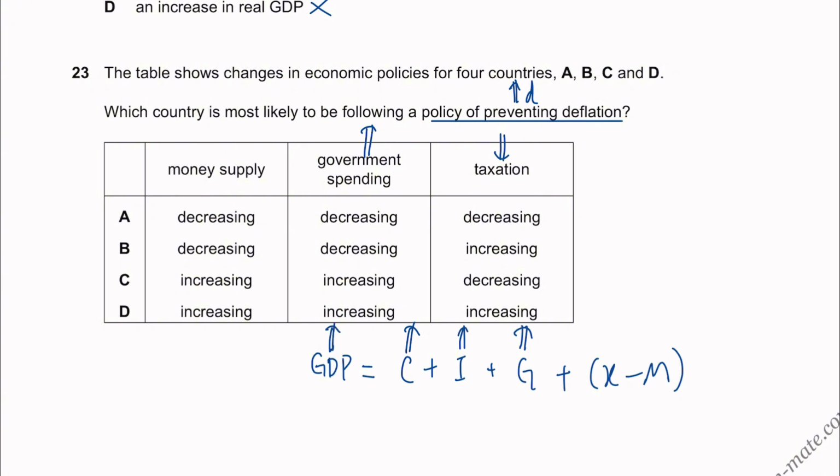How about the money supply? Actually it's an increase. So why, when the money supply increases, will there be prevention of deflation? Because now the banks have more money to give out loans.